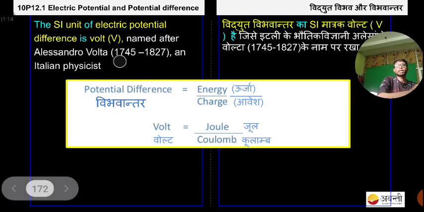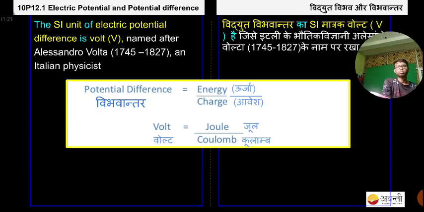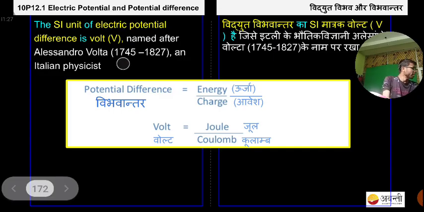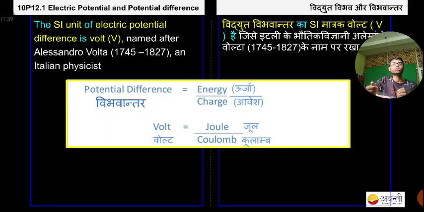The SI unit of electric potential difference is the volt. Okay, named after, yes, this is the history behind it. Also, always remember where we are taking a difference, as when we subtract one thing from another.